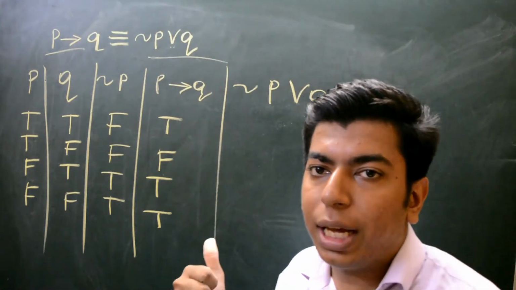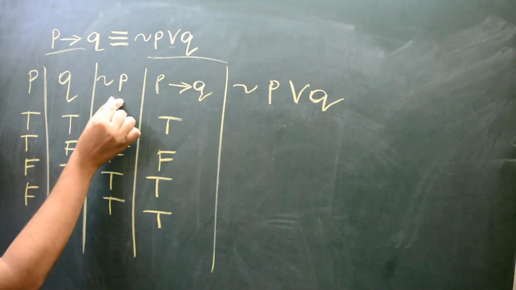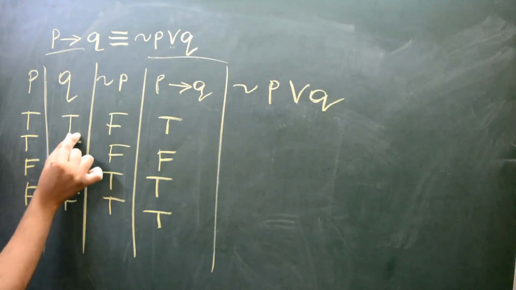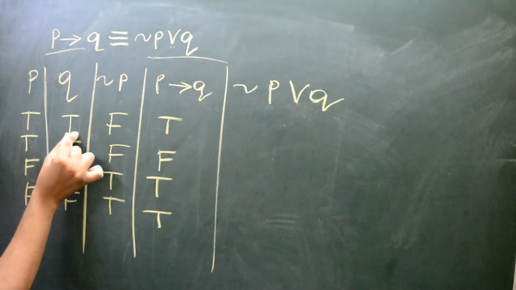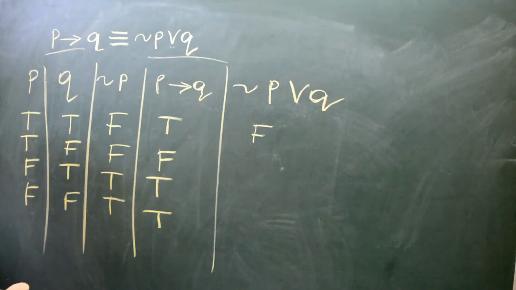So you have to take the OR operation over here. Negation P with Q, OR operation, FT means false?